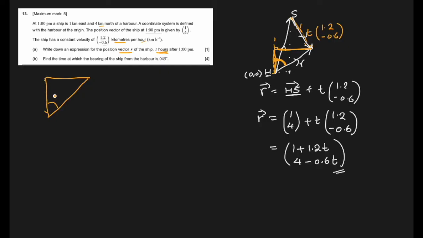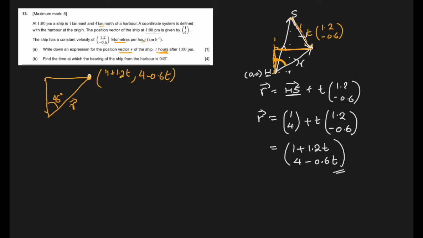This is vector r, and the position vector can be written with coordinates 1 plus 1.2t and 4 minus 0.6t.